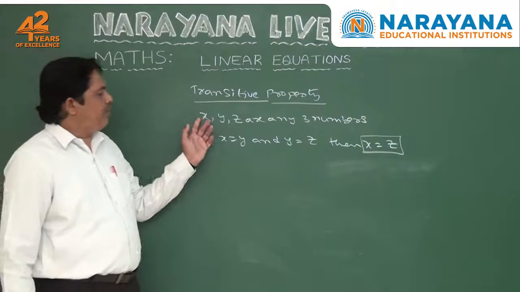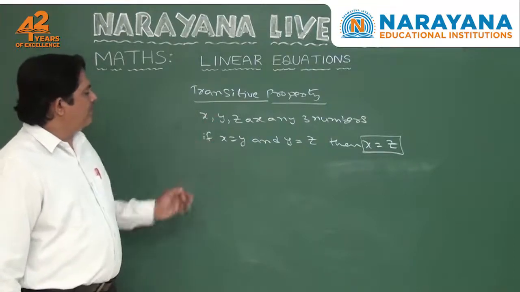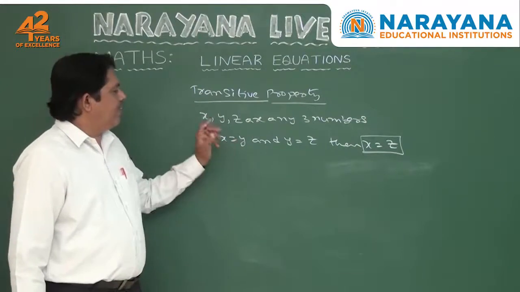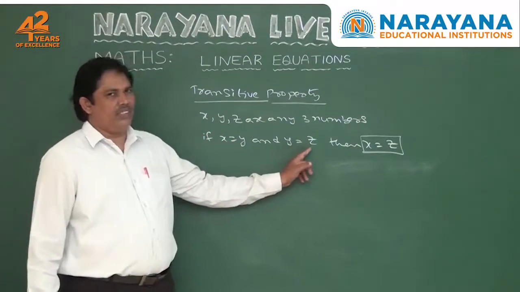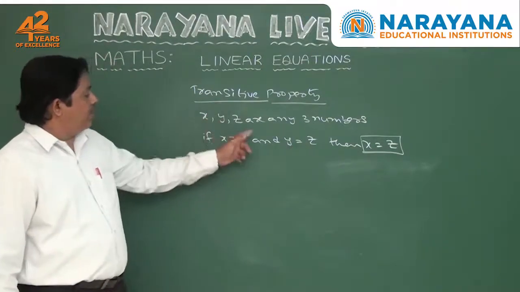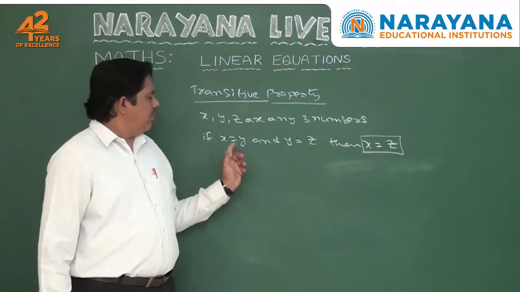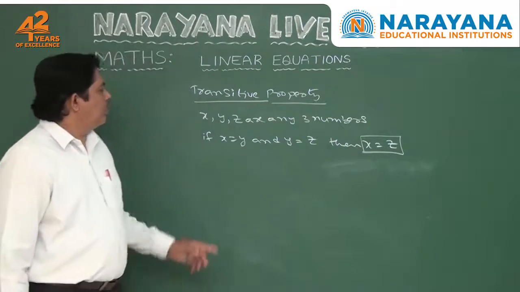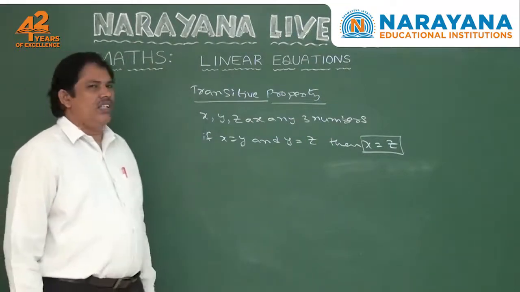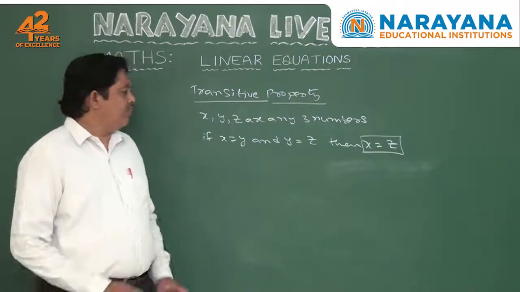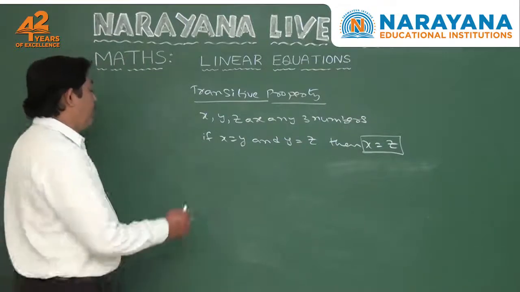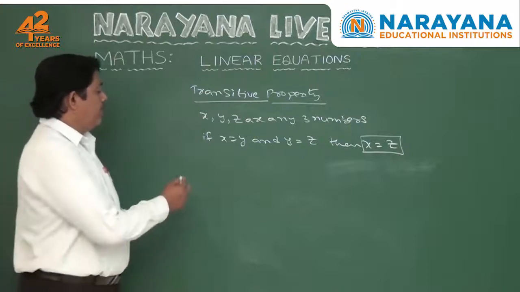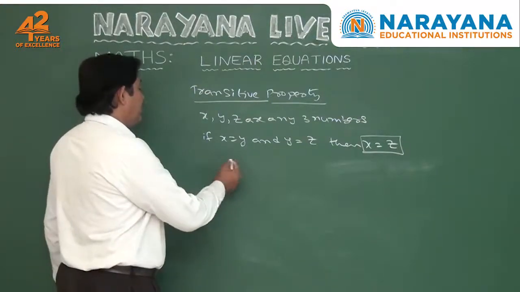For any three numbers x, y, z, if x equal to y, that means the first number is equal to the second, and y equal to z, that means the second number is equal to the third, then the first number is also equal to the third. For example, we may take three brothers.